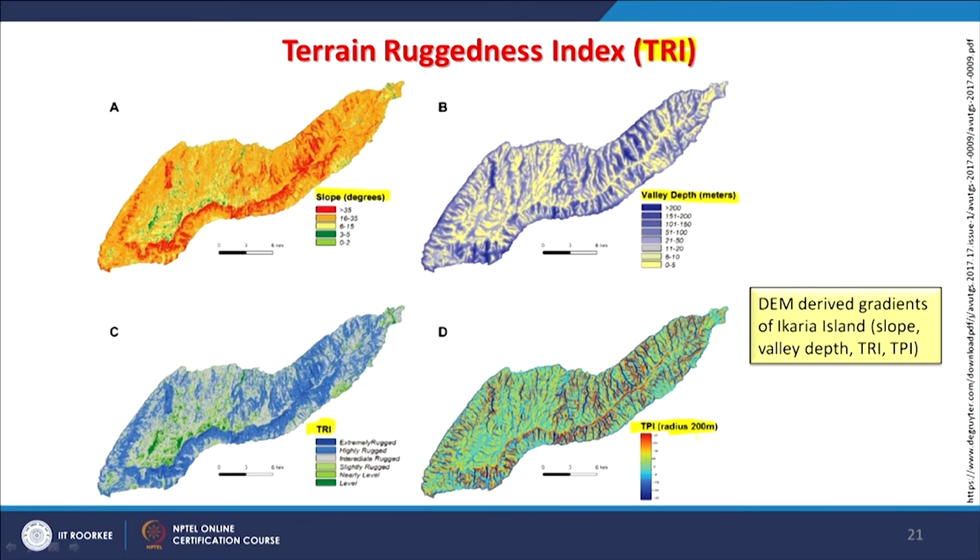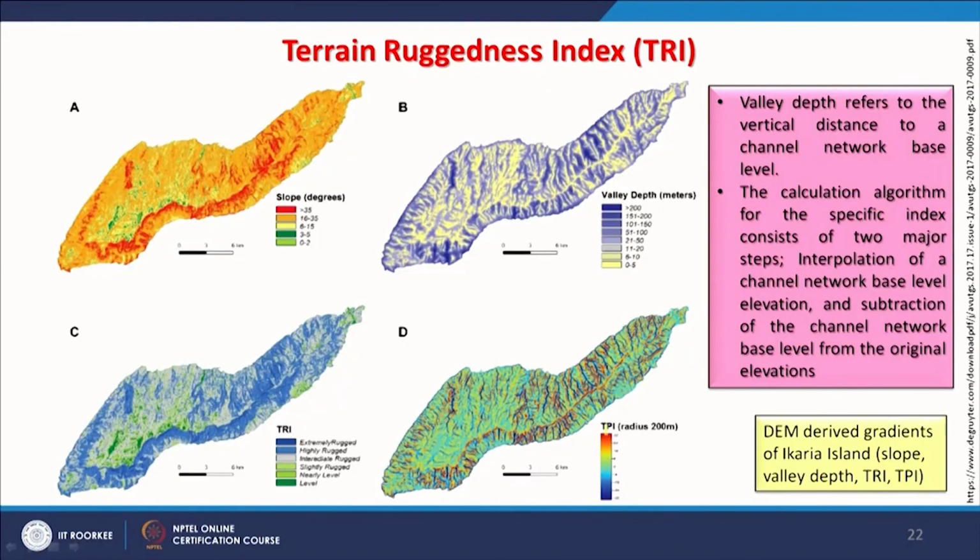Of course, TPI will depend on the scale or resolution of your input. So, here is only one. So, DEM has been employed to calculate slope, valley depth, TRI and TPI. All these parameters or derivatives can be derived employing a digital elevation model, and a lot of useful information can be extracted for various applications.